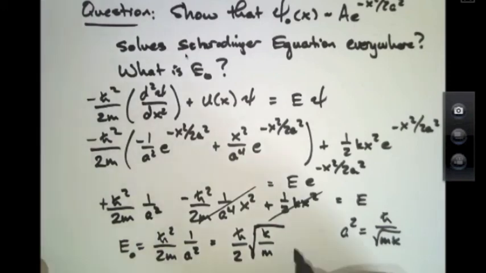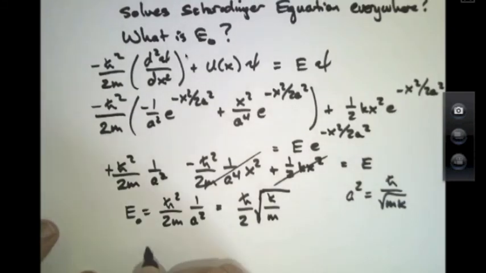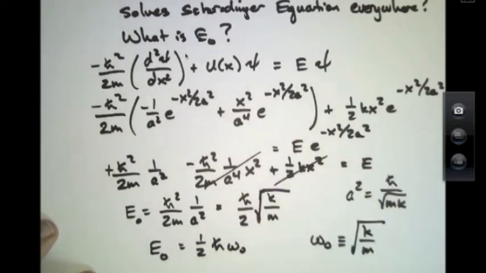Now if you remember for the harmonic oscillator, the square root of k over m has a significance, or we see it written a different way. The natural angular frequency omega is always equal to the square root of the spring constant over the mass of the particle.